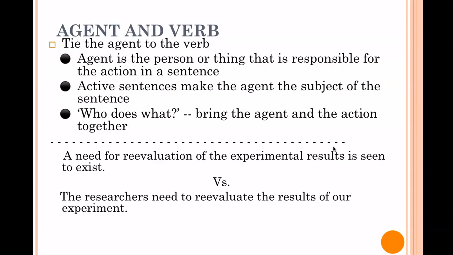Agents and verbs. Tie the agents to the verb. An agent is the person or the thing that is responsible for the action in a sentence. Active sentences make the agent the subject of the sentence. Who does what? Bring the agent and the action together. "A need for re-evaluation of the experimental result is seen to exist," which can better be written as "The researchers need to re-evaluate the results of our experiment."